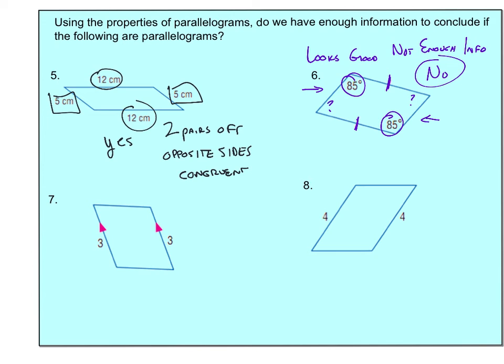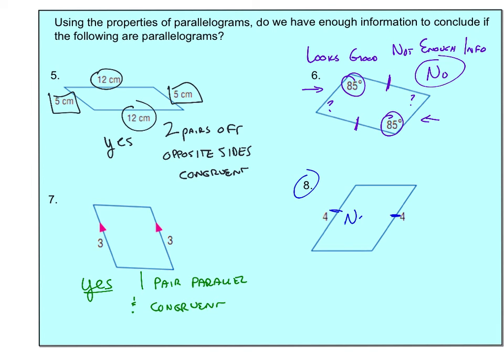For number 7, yes, okay, that's that property we just talked about. One pair, both parallel and congruent. And so, yes. And number 8, all you know is these two sides are equal.